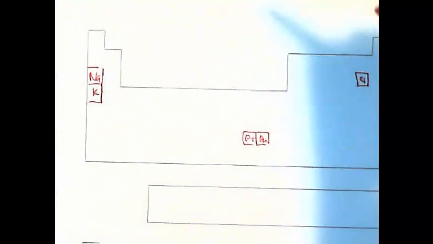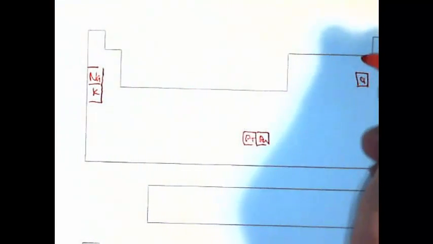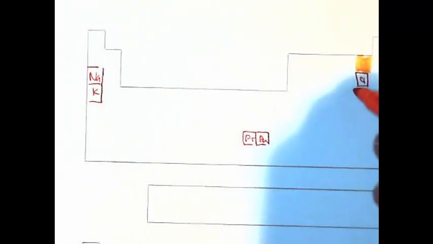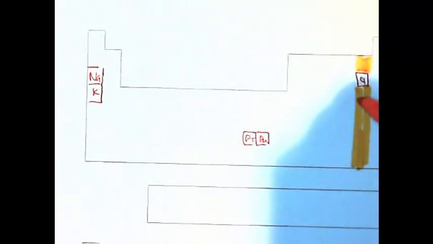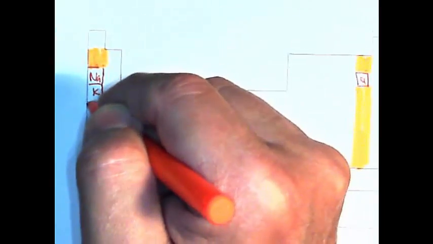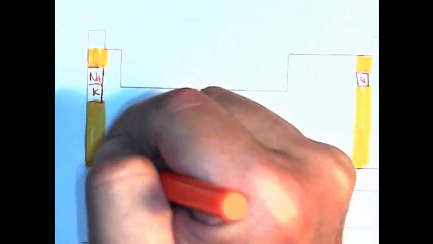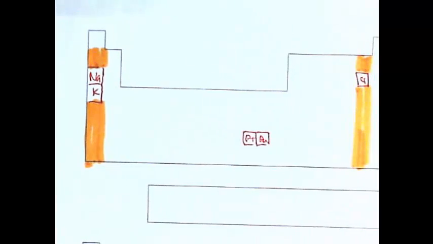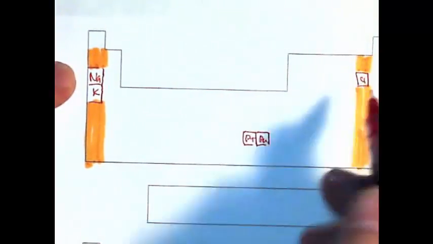Now this whole column over here is pretty reactive, on both right and left sides. Both the right and left columns here, this halogens column, we'll talk about that in a second, and this alkali metals column, we'll talk about that in a second. Those are all pretty highly reactive, but out of all of those, these are the most reactive of all, okay?